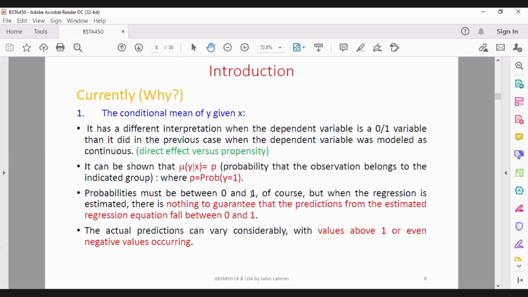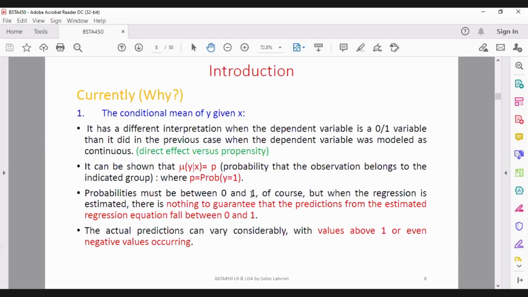And by the way, probabilities should be between 0 and 1. But when the regression is estimated, there is nothing to guarantee that the predictions from the estimated regression equation fall between 0 and 1.